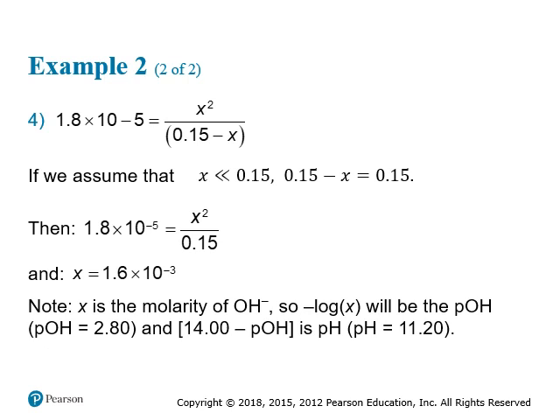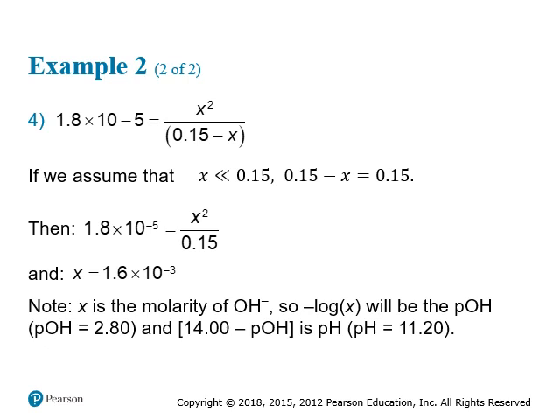If this is the case, then when we solve for x, which is the change in concentration of our hydroxide ion, we find x to be 1.6 times 10 to the minus 3. So that's the concentration of our hydroxide.